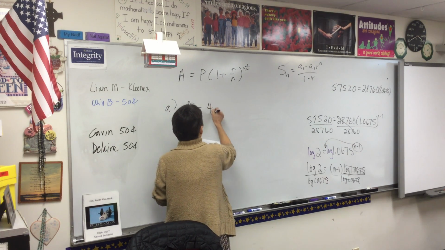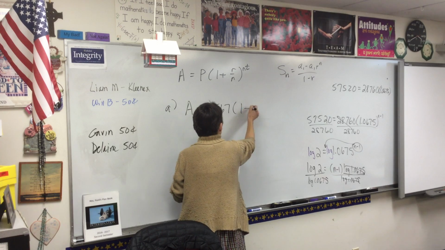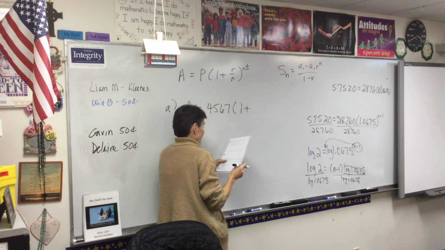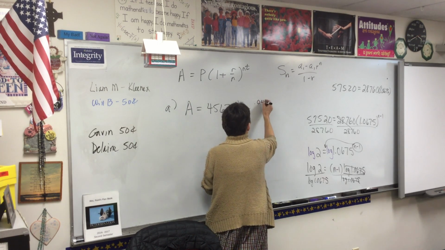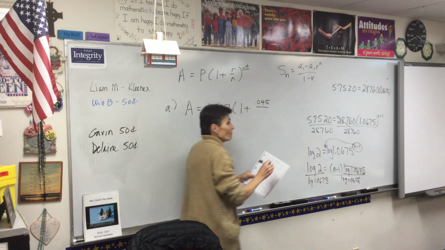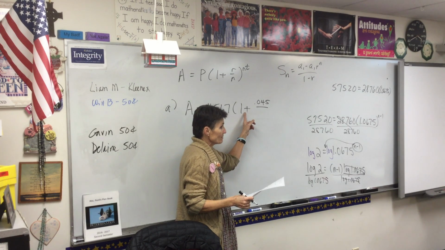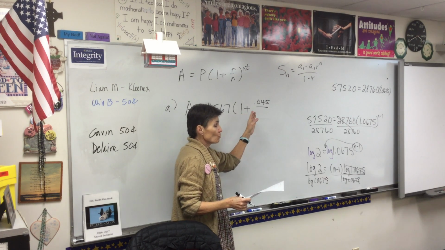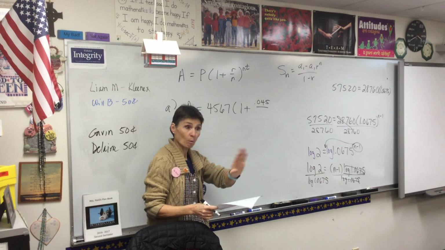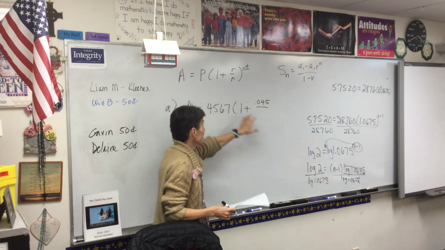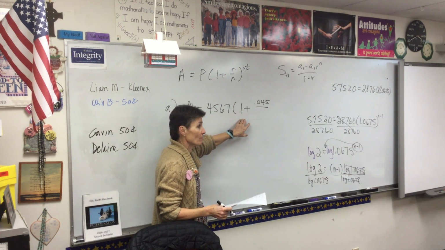if I start with 4,567, my interest rate is 0.045. Don't be confused. The 1 is already in the formula. So normally we would say 1 plus 0.045, but the 1's already in the formula. It's part of the formula.